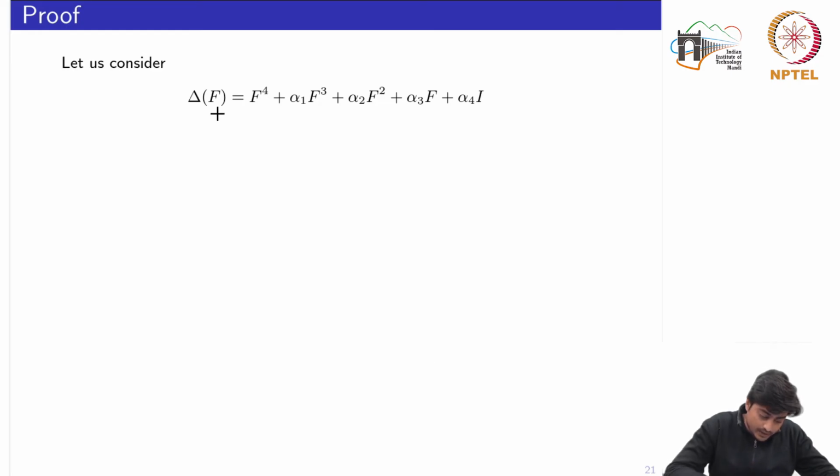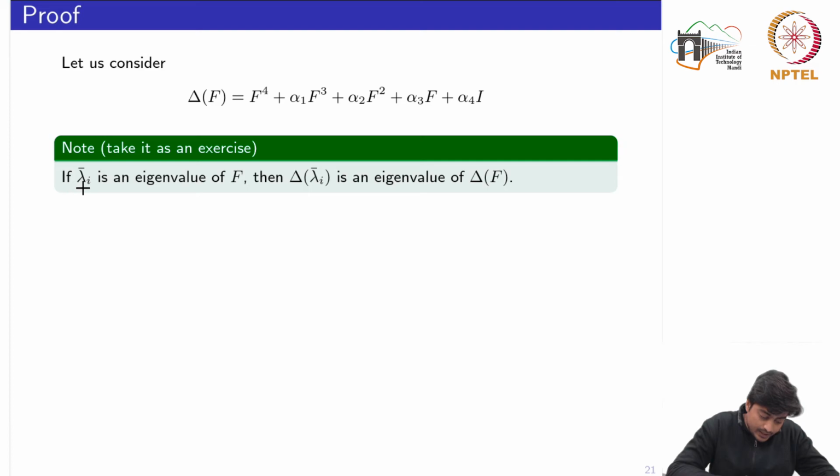So here we define a matrix which is delta of F given by this one. Now this is a matrix we can say, let's say F tilde, and we know delta of A would be equal to 0, but delta of F would never be equal to 0. So we define one matrix by replacing S by F in the characteristic polynomial.